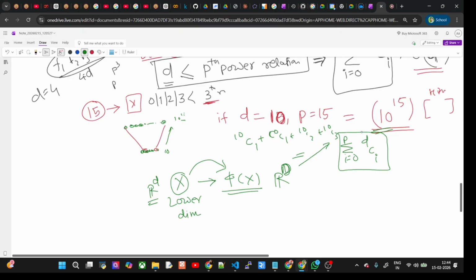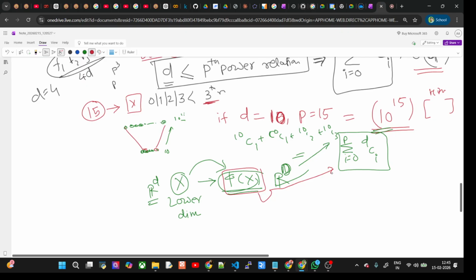To get the phi of x, you have to do this kind of big computation. It's not impossible, it is possible, but it is really time consuming.